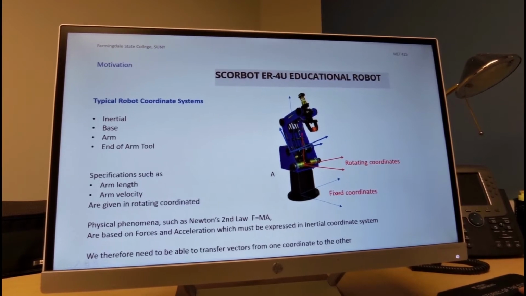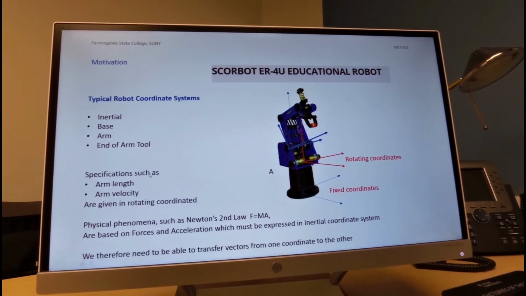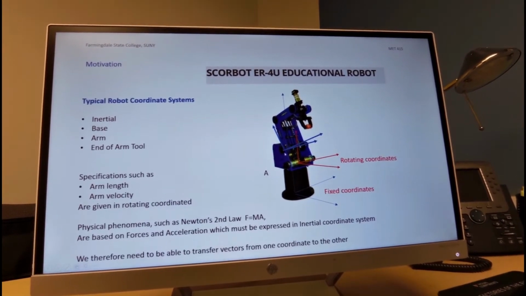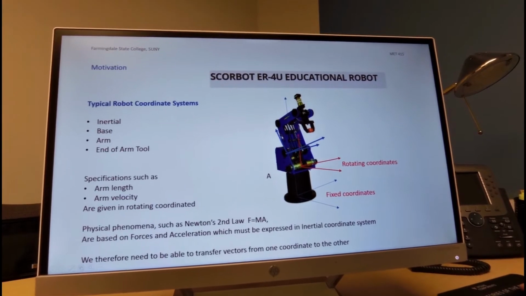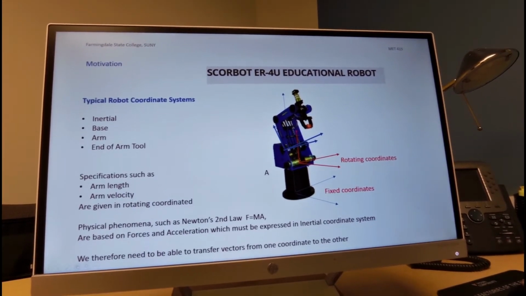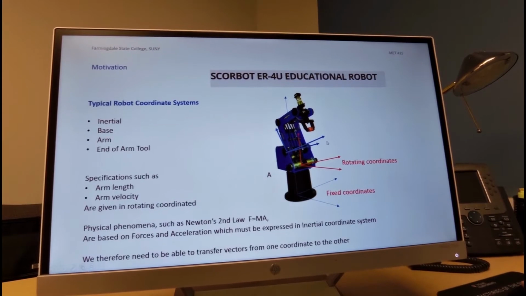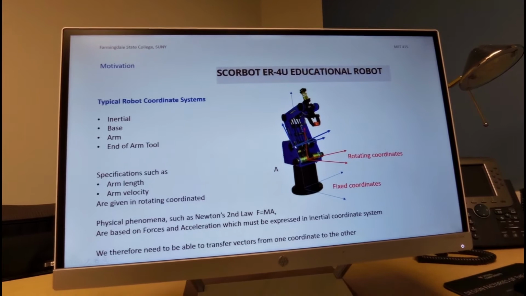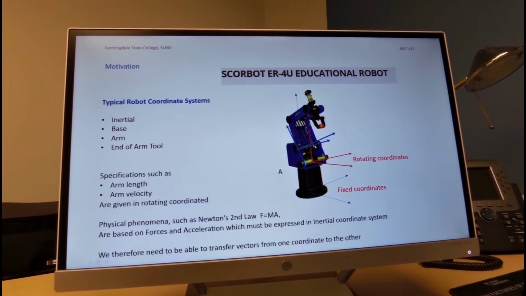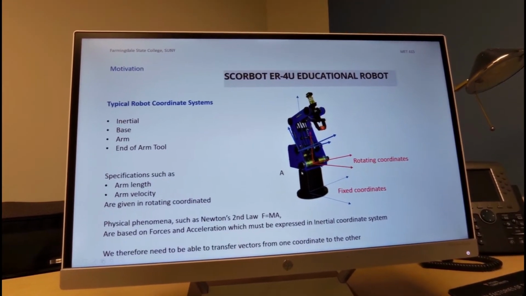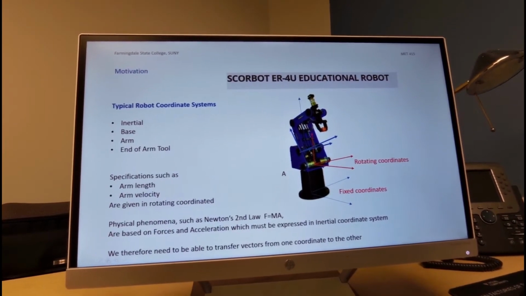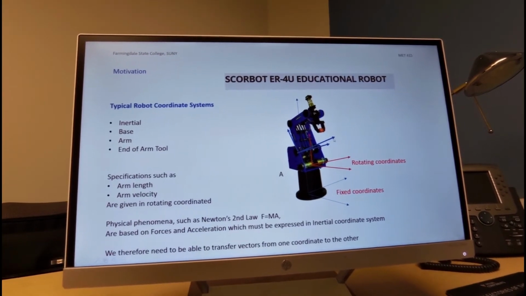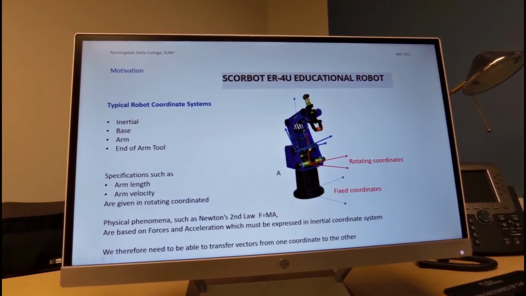Now, the specification of some of the robot parameters, such as arm length or arm velocity, sometimes are conveniently done within a rotating coordinate system, or what we call body fix, such that the arm of this link will be conveniently measured in this coordinate system rather than any other coordinate system, or the arm velocity with respect to the base will be measured conveniently with respect to a rotating coordinate system.